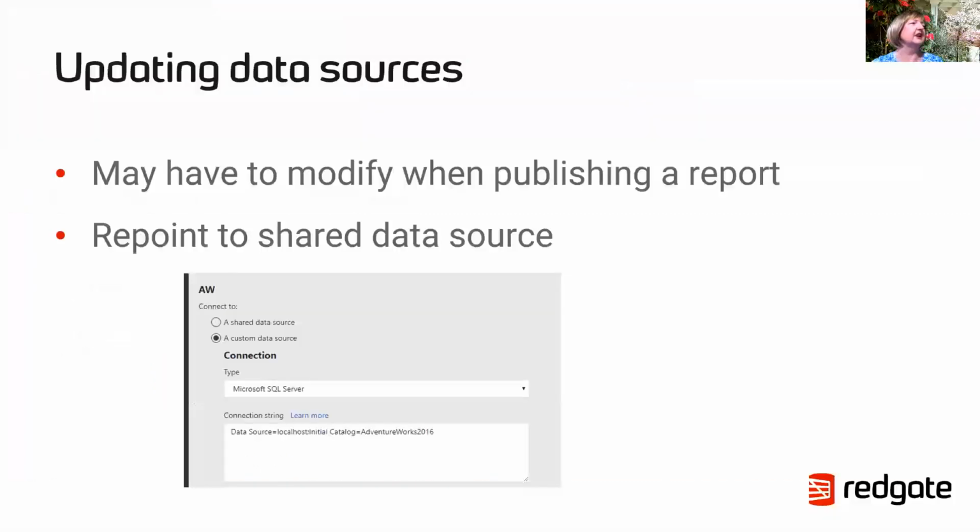Oh, updating data sources. One issue that comes up if you haven't been consistent with naming your data sources, or if you use embedded data sources, is that you may have to modify your data source when you publish a report.